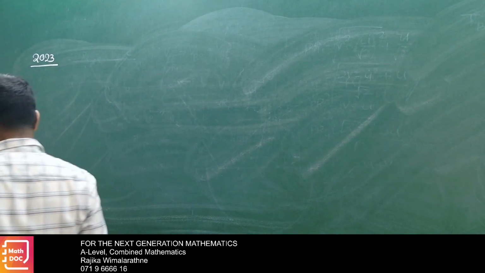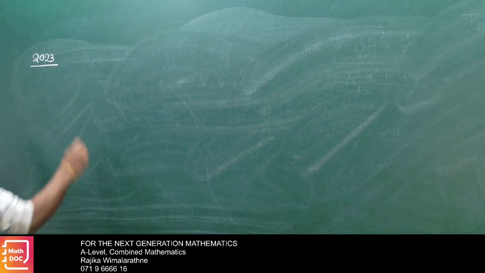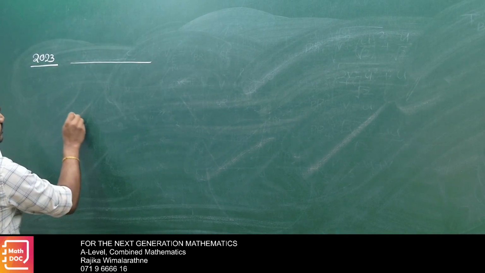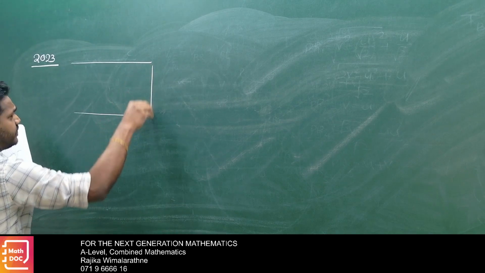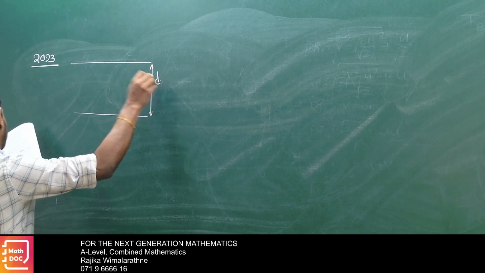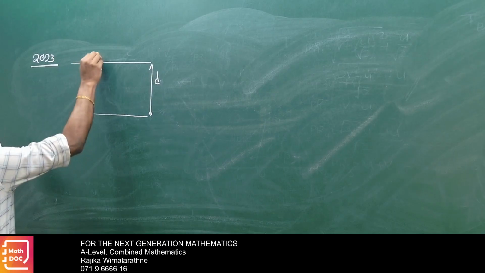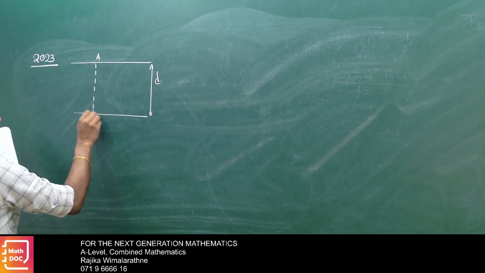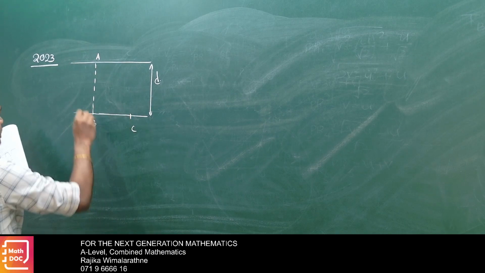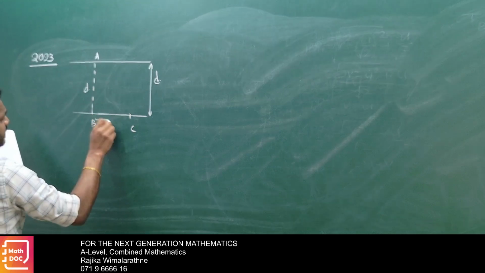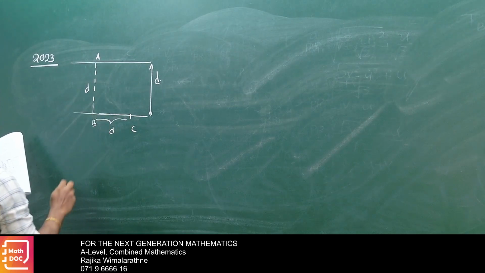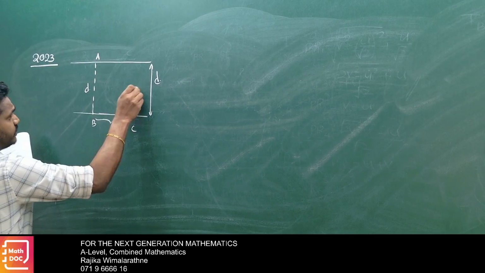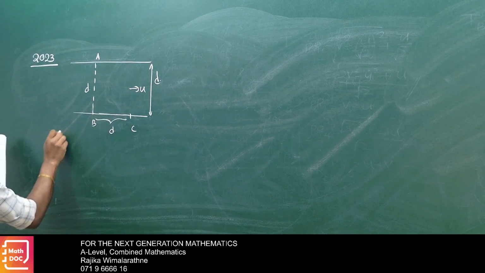A river is d meters wide. Here are point A, point B, point C, and here D. The velocity of the river with respect to earth is u.